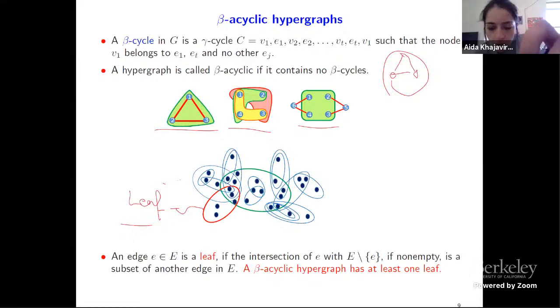Okay, so it would be V1, E1,6, V6, E4,6, then V4, then E1,2,3,4, and then V1. Well, I can write it down for you.